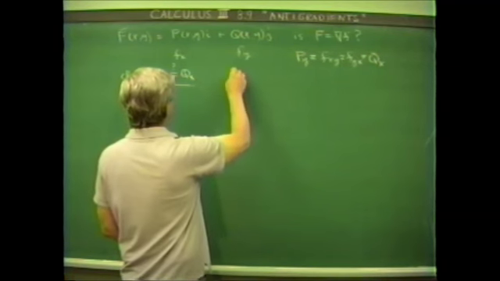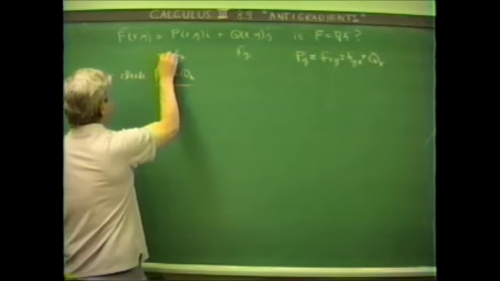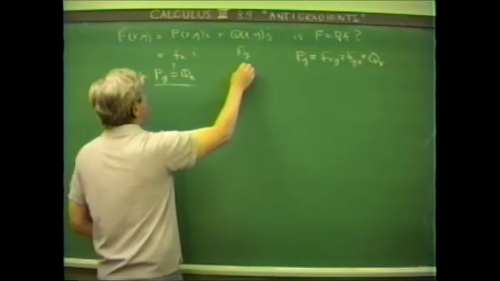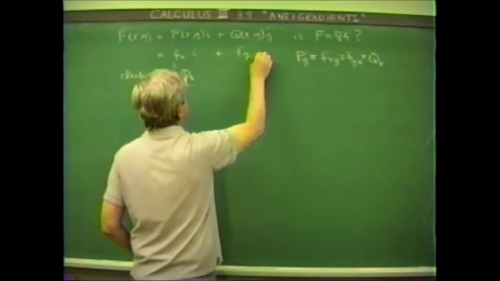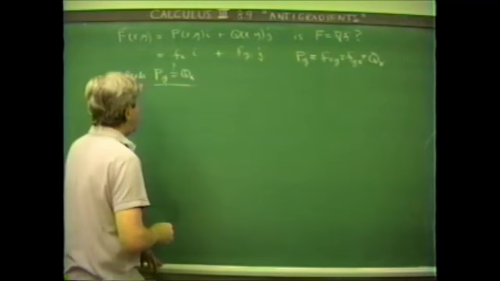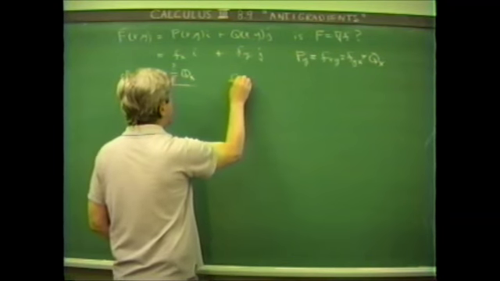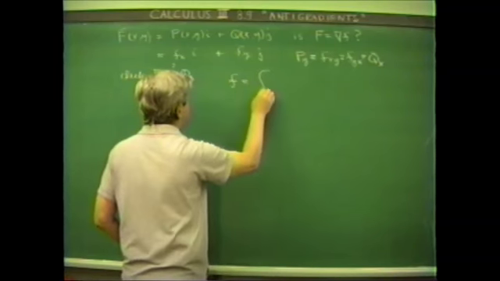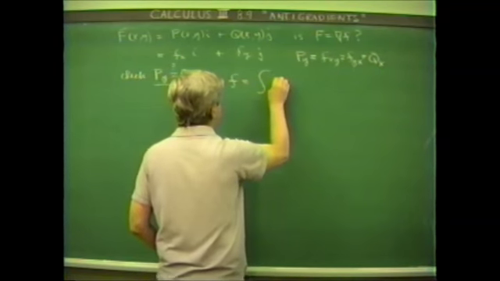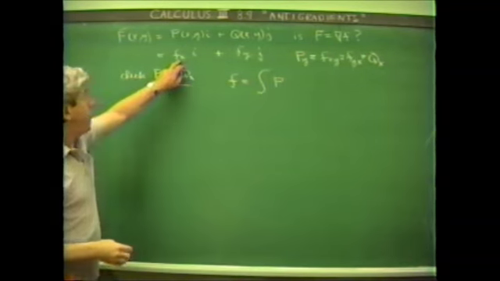Well, if capital F was partial f with respect to x i plus partial f with respect to y j, then little f would be an antiderivative of p with respect to x.